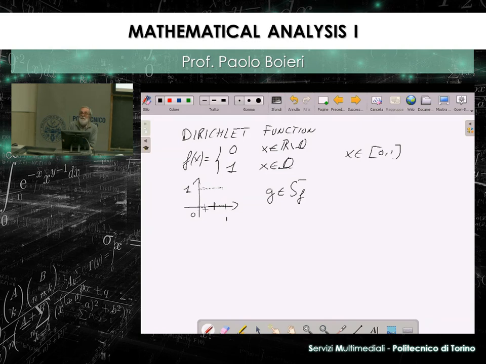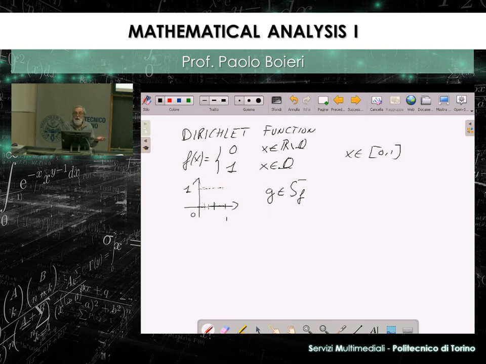Take the first interval. What is the value of g? It is the inf of the values of the function in this subinterval. And the function in this subinterval has only two values, 0 and 1. Fine? Then the inf is 0.